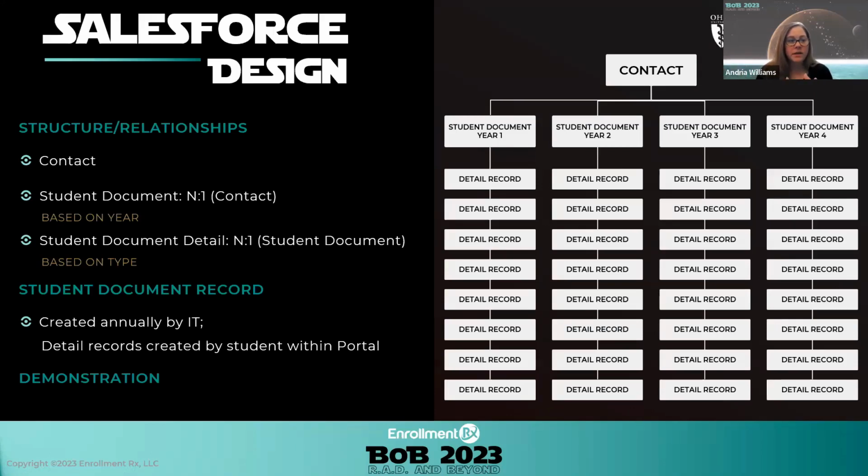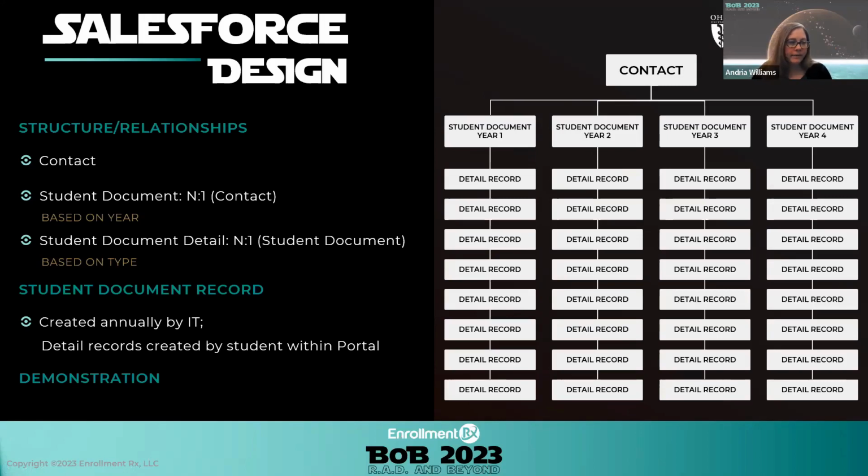So this was a huge structural redesign: we made child records from the master record for each document type. IT here at HCOM creates this each year, usually in about May or June, when they're rolling over to their next cohort. We take the year 1 students who are moving to year 2 and create their records, and so on and so forth.